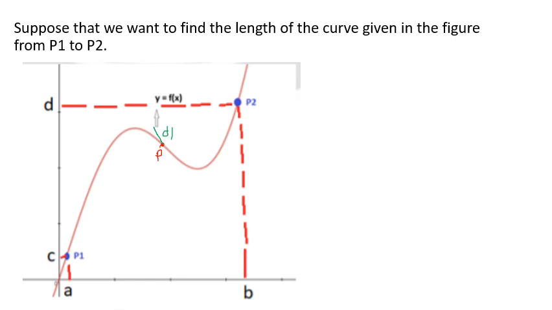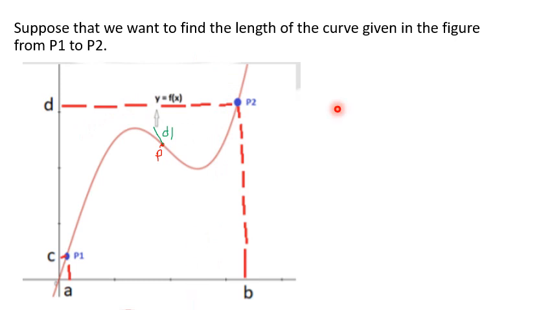So ideally, your change of length here should be very, very small to get the approximation of the length of this curve. So by that, your dl, or the change of length, will start from point 1 to point P. Therefore, we could solve for the length of the curve.